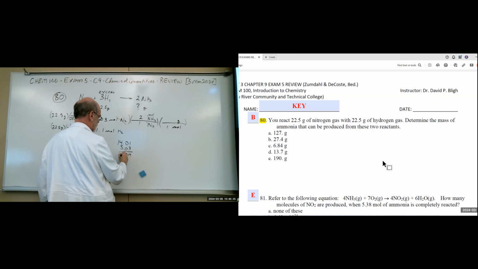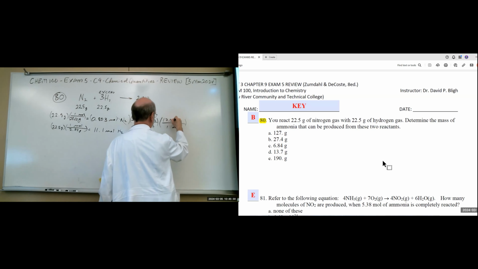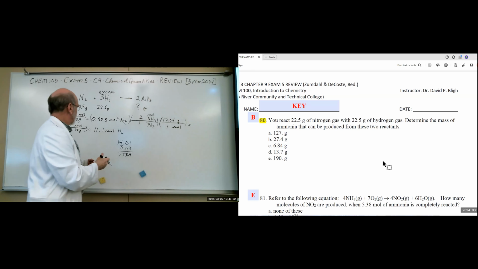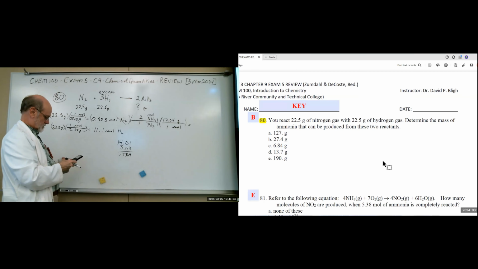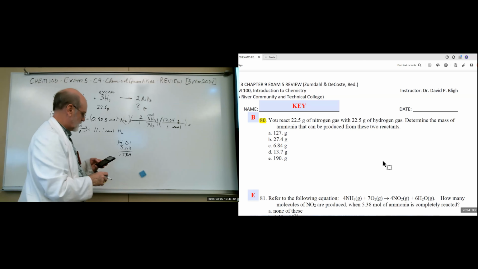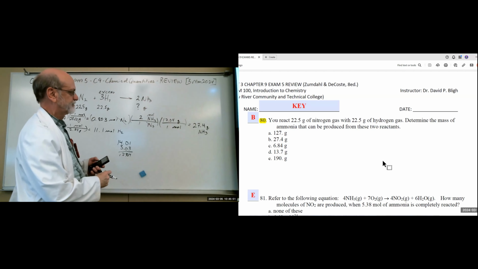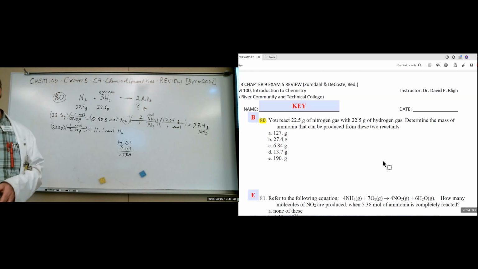So that's 17.04. Okay. Now finish calculating. 0.803 times 2 times 17.04 is 27.4 grams of ammonia. All right, that would be B.